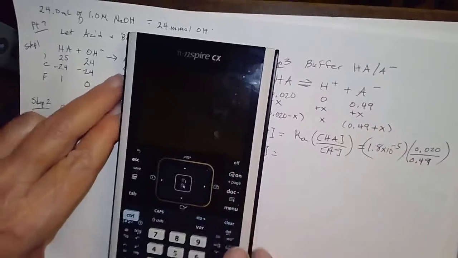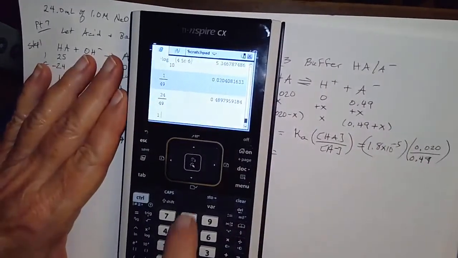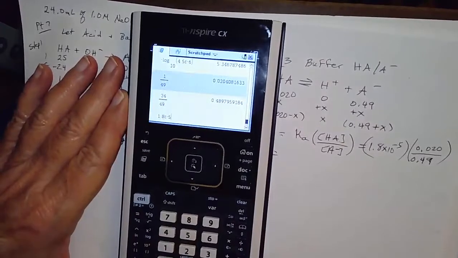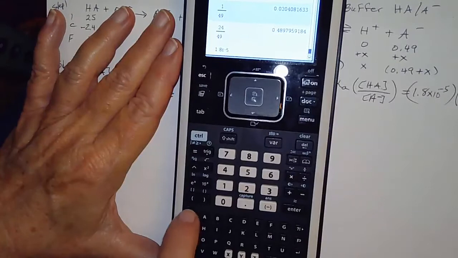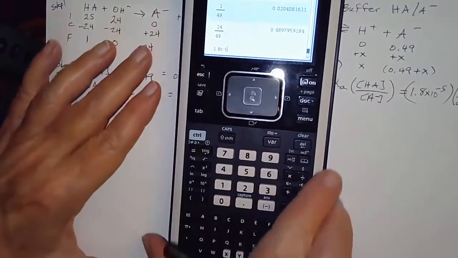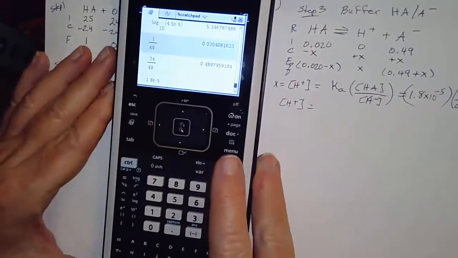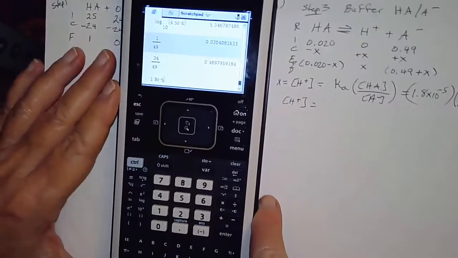handy dandy calculator, we get 1.8, 10 to the negative 5. Please use your EE button right here for scientific notation. That's how I get it to put the little E there. Don't do the times 10, waste of your time. 1.8 EE, that's made for scientific notation, just FYI.